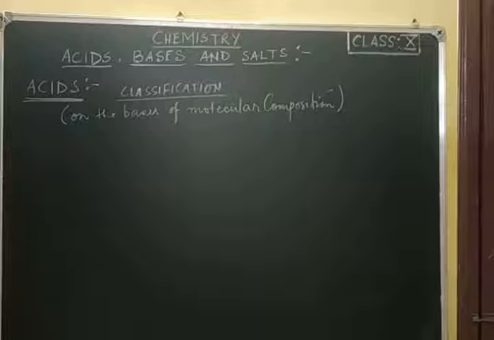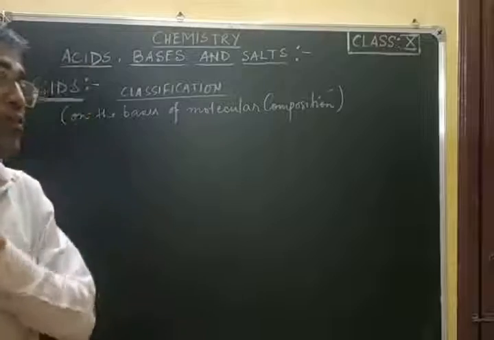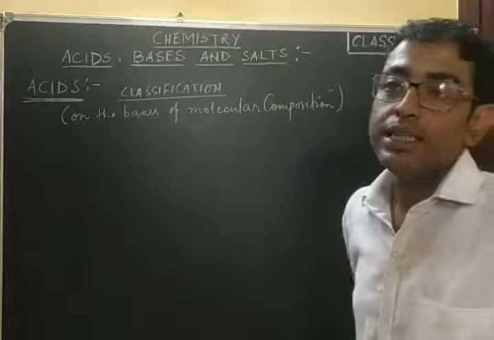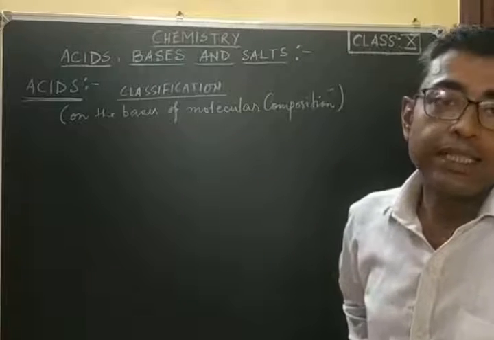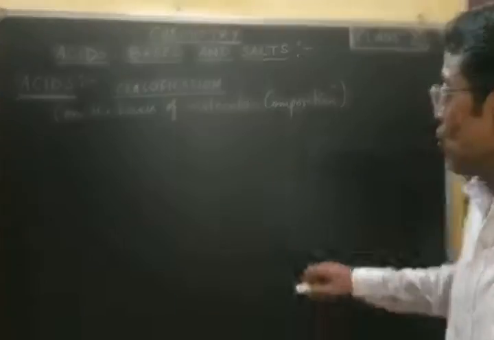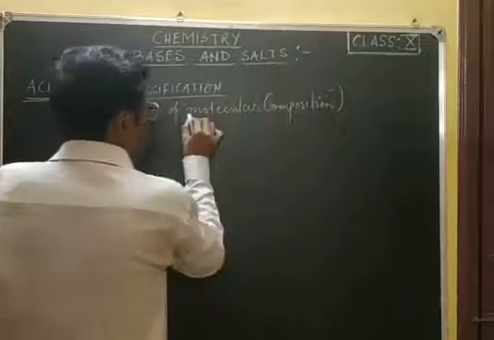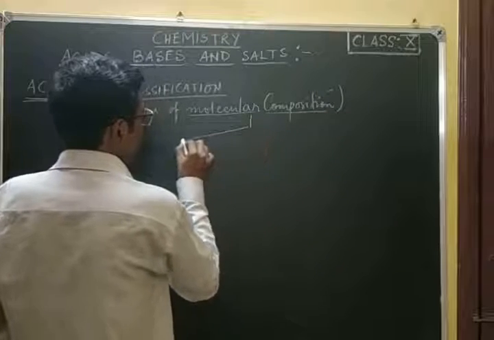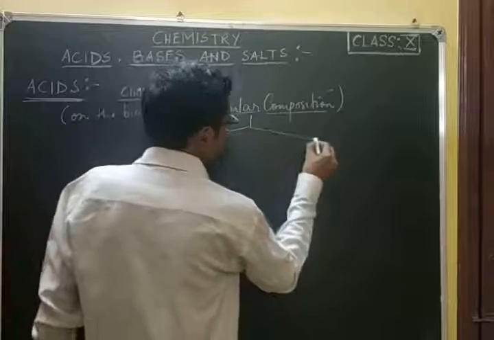Now another type of classification of acids is on the basis of molecular composition, means how the acid is made or what is the composition of acids. So remember, in a few acids the only active element is hydrogen, in another few acids there is some oxygen. So according to the molecular composition, acids can be classified again into two categories.